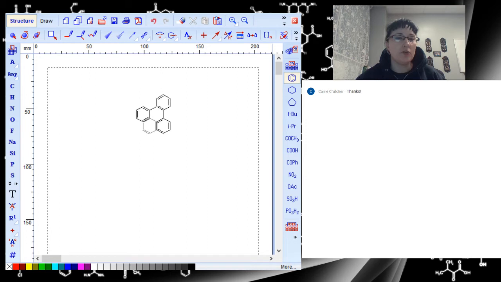This is how I go round the benzene bush, benzene bush, benzene bush. Now that's a fun molecule.